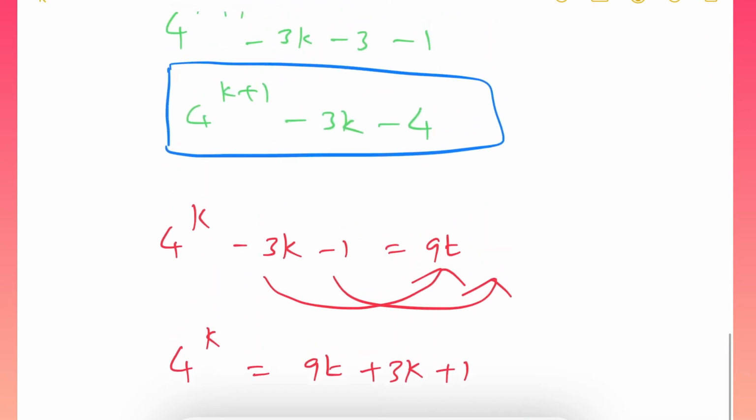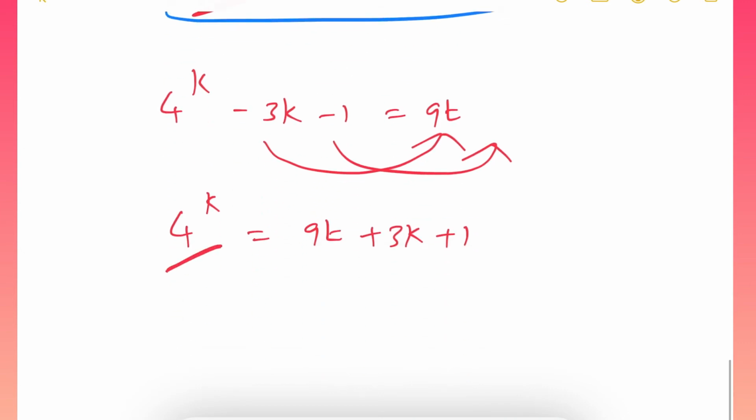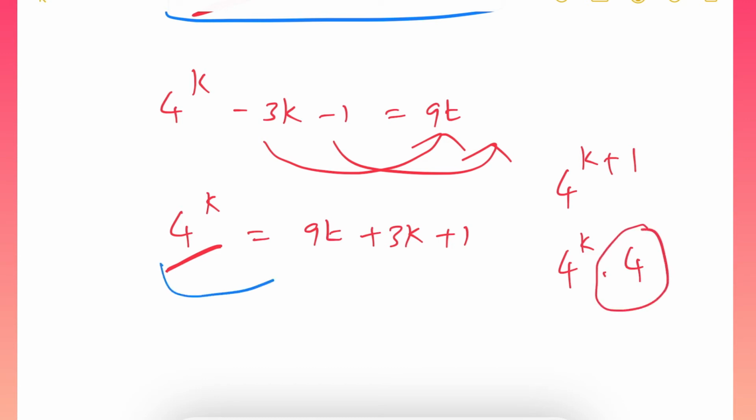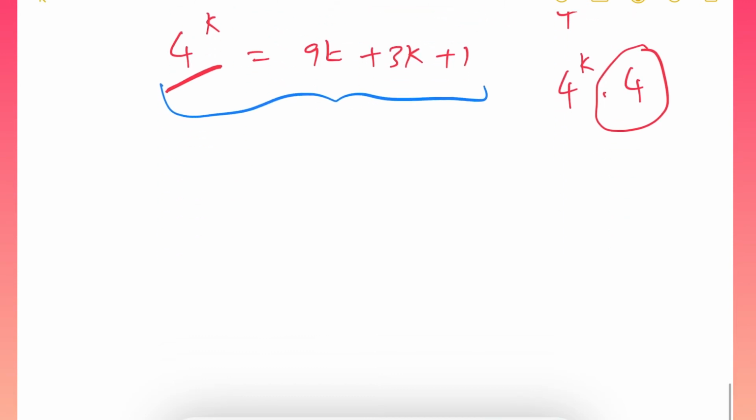Now what we need to prove, if we observe clearly, 4 power k plus 1 is there, but here we have 4 power k. So to make it 4 power k plus 1, which is nothing but 4 power k into 4, multiplying by 4 is necessary. So for the total equation, I will multiply by 4.